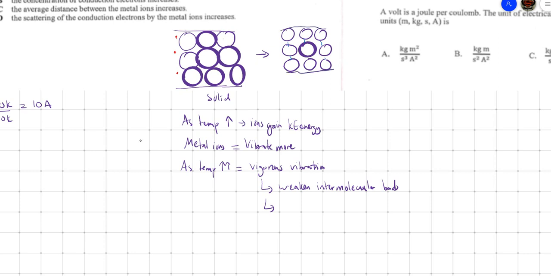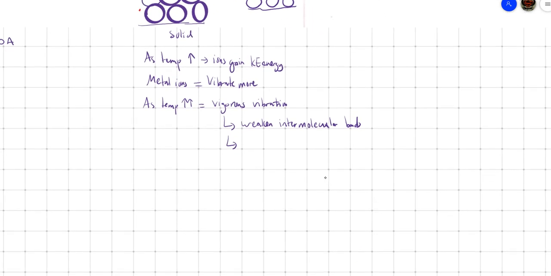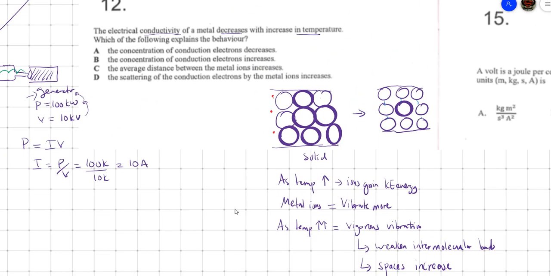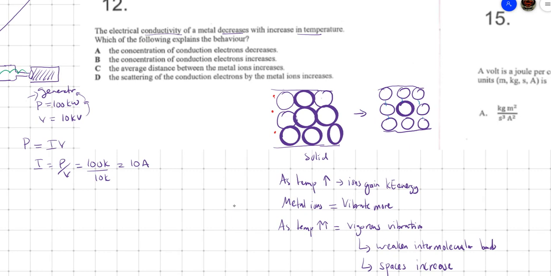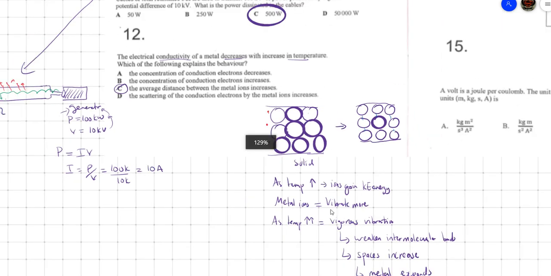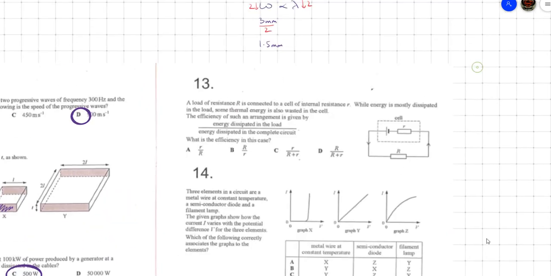So those bonds get weaker, so spaces increase. So you can see that the metal expands. So here's the explanation, and the option that talks about this is this one here. Okay, excellent. All right, let's crack on.